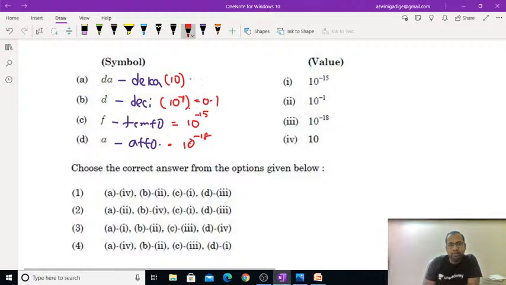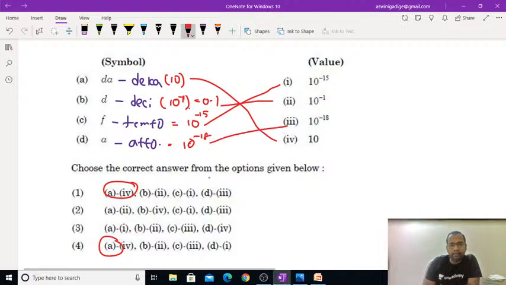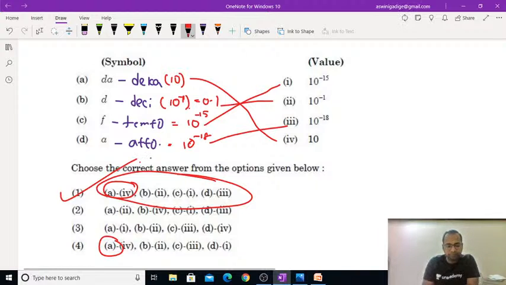So now A goes to 4, in the two options, and D goes to 2. And C goes to 1 and D goes to 3. That means the first option is the correct one. Is it clear, guys? All of you understand?